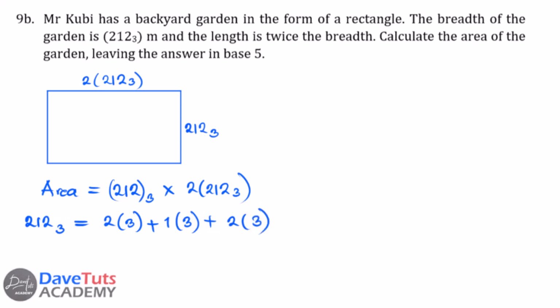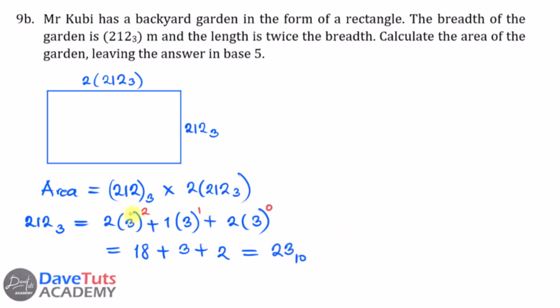For the power, I need to start from the right hand side, so this is 0, this is 1, and this is 2. So 3 raised to power 2 is 9, 9 times 2 is 18, plus 3 raised to power 1 is 3, 1 times 3 is 3, plus any number raised to power 0 is 1, 1 times 2 is 2. So this is 18 plus 3 plus 2, and that is 23 in base 10.